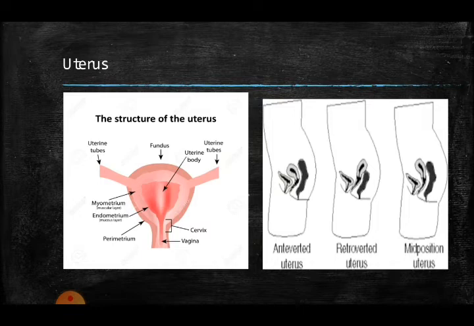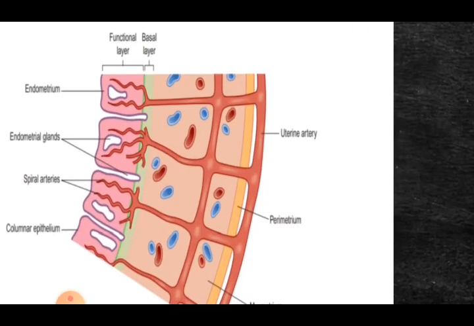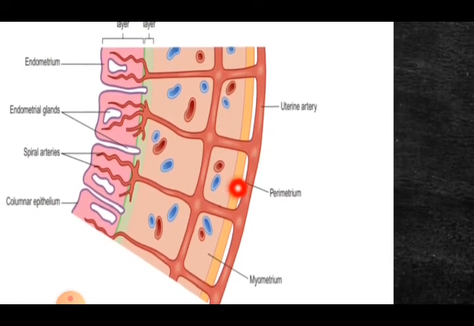Now we will discuss the layers of the uterus in detail. As we have talked earlier, there are a total of 3 layers of the uterus: the perimetrium, myometrium, and the endometrium. First of all, we will talk about the perimetrium. This is the perimetrium, and this lies over the fundus anteriorly, and also the body.